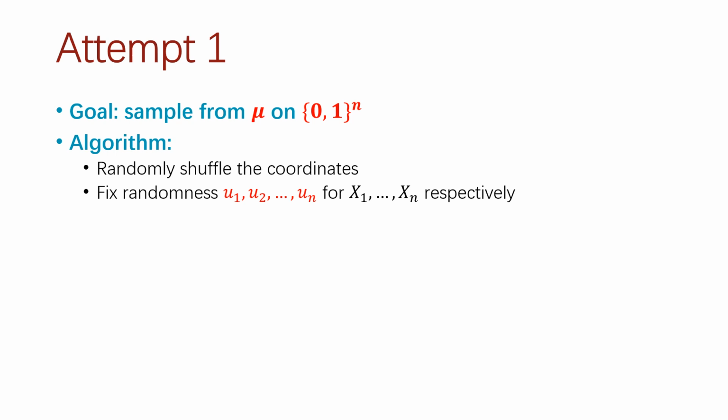In our algorithm, we first permute all the coordinates and fix the randomness for our algorithm. That is, for every variable xi, we have a unique random variable ui in 0 to 1.